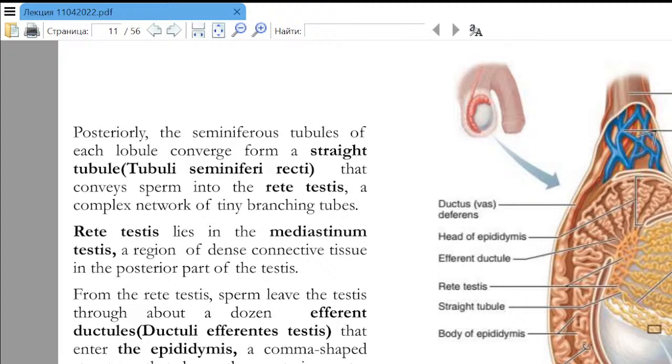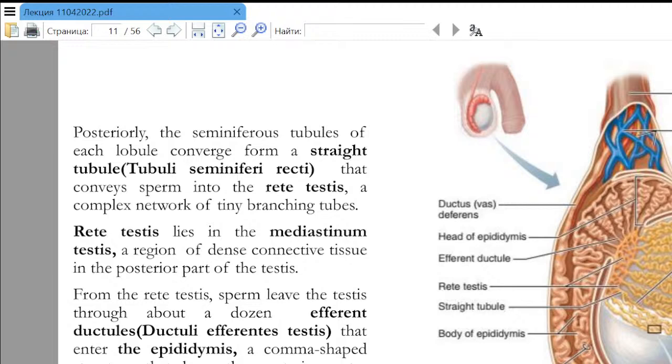The epididymis is a comma-shaped structure that hugs the posterior outer surface of the testis. This is the ductuli efferentes testis. This is the rete testis.